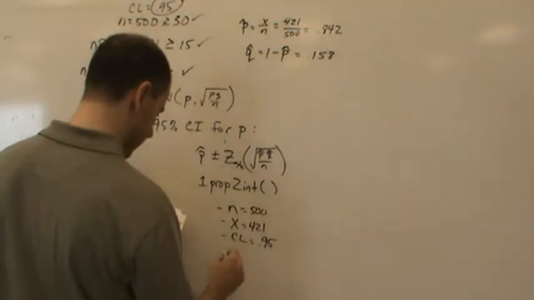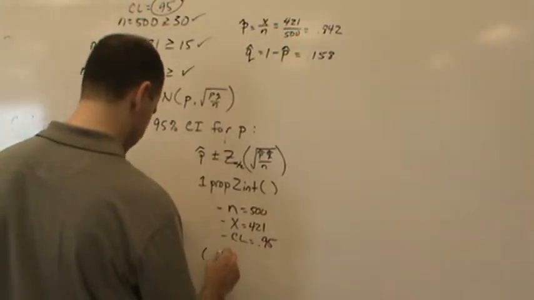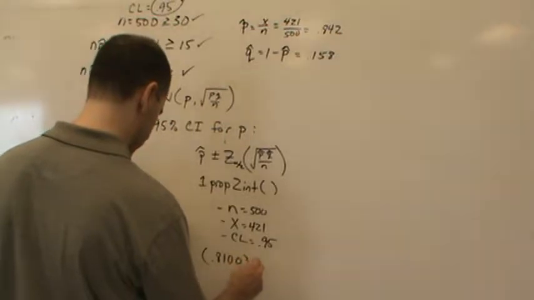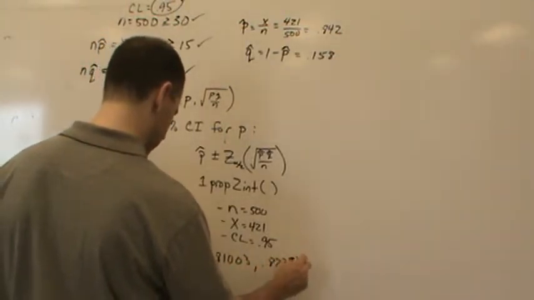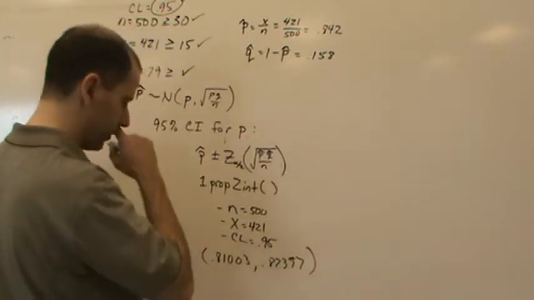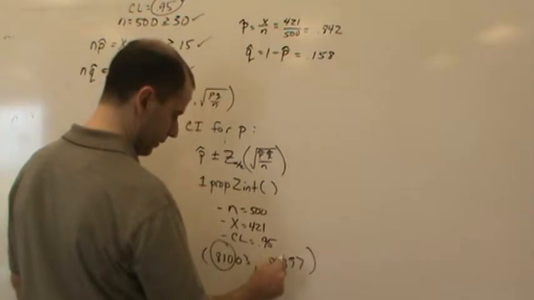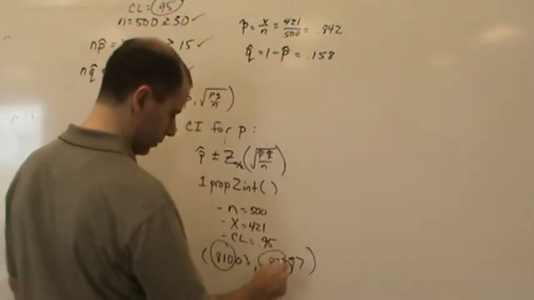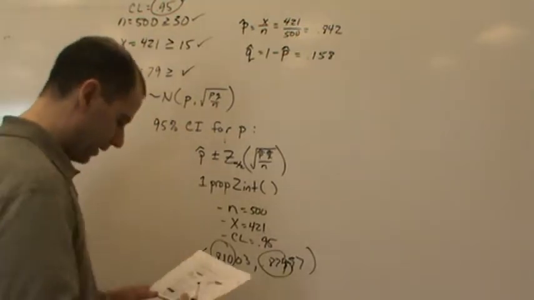And in fact, if you go up to 5 decimals, it gives you 0.81003 and 0.87397. So again, we always round to 3 decimal places, so we get the same thing. So we get the exact same answer. Okay? So I hope that helped.